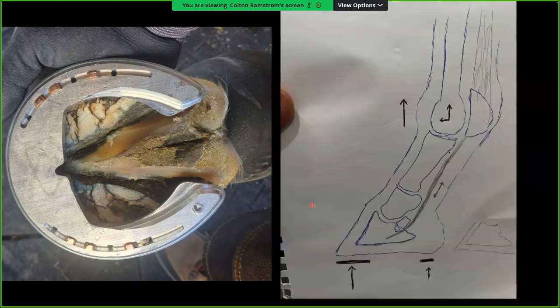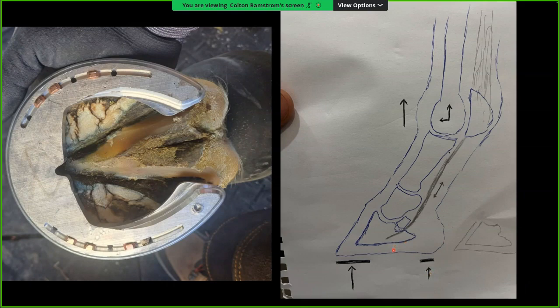Quick little sketch I did as far as biomechanics of this particular shoe. Again, I was talking about the relative increased surface area that we see at the toe here from this enlarged toe plate. So that's what this little rectangle represents. Decreased surface area at the heels, so that's this slightly smaller rectangle and slightly smaller ground reactive force, however you want to think about it.